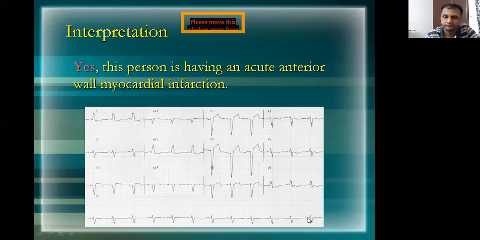If you remember that, when you interpret an ECG, you can tell. Your PG may ask you in the exam or when you become a house surgeon what you think of this ECG, and you can say it's an acute anterior wall MI. Well spotted. Good.